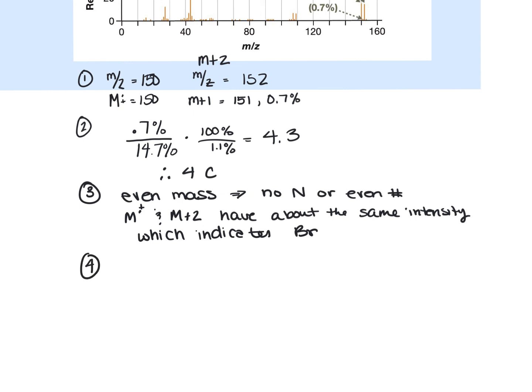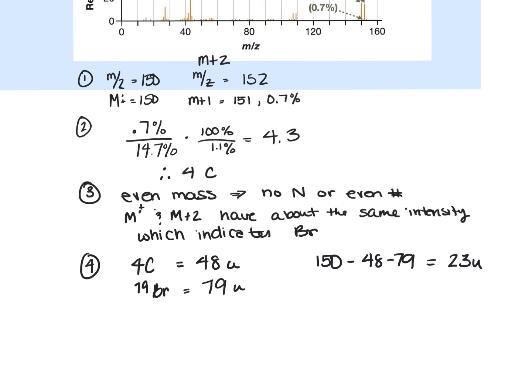So what mass remains after we account for the atoms in steps 2 and 3? And so that leads us to step 4. So 4 carbons would give us a molar mass of 48 u, right? 12 times 4 is 48. And bromine, if we had 79 bromine, that would give us a molar mass of 79 u. So if we have our molar mass of 150, which we get from that molecular ion peak, and we subtract 48, and then we subtract 79, that gives us 23 units that are left over, okay?